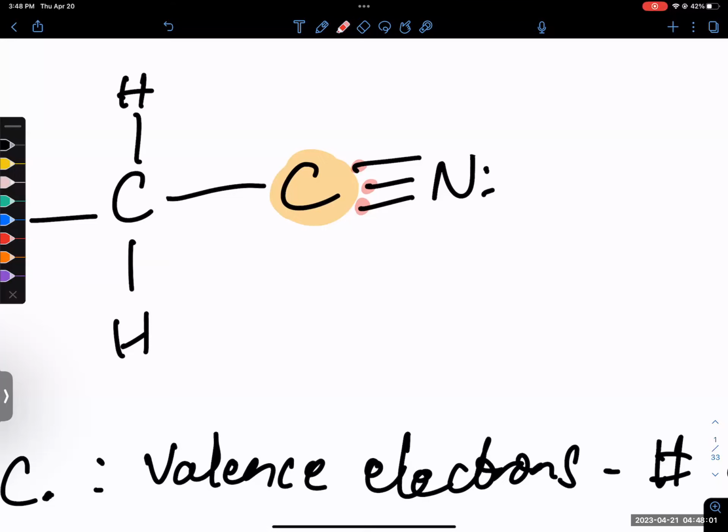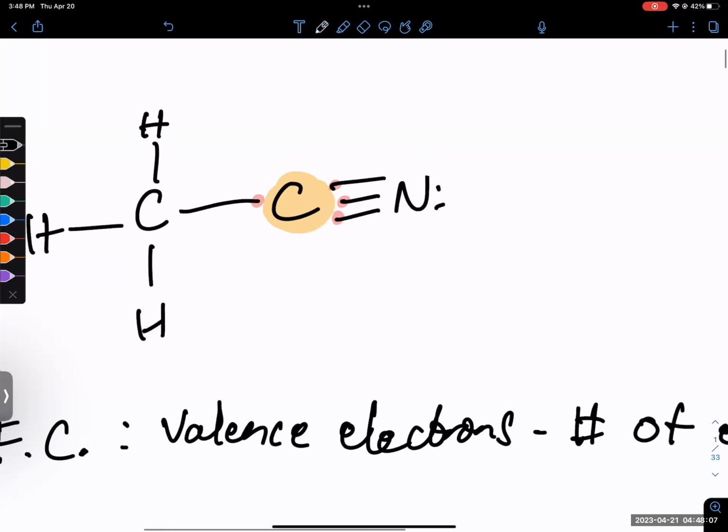Oh, for this bond. Yeah, so in total, how many is it owning? So how many valence electrons does carbon have? Yeah, so 4 minus 4 equals 0. So in the case of nitrogen, would it be 5 minus 5? Yeah.